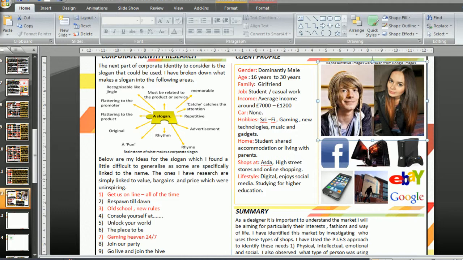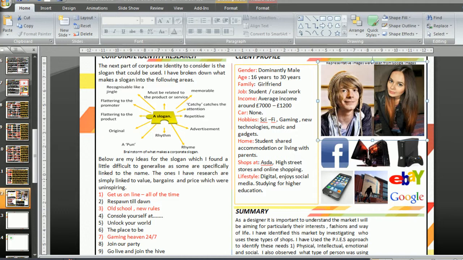Okay, so what we've tried to do here as well is we've also looked at things like Maslow's law, which is the hierarchy of needs that makes people feel happy. We've looked at socio-economic groups, if you like, the upper middle class, the lower middle class, skilled working class, all those, and we've tried to pitch this person, where do they fit in that class system.